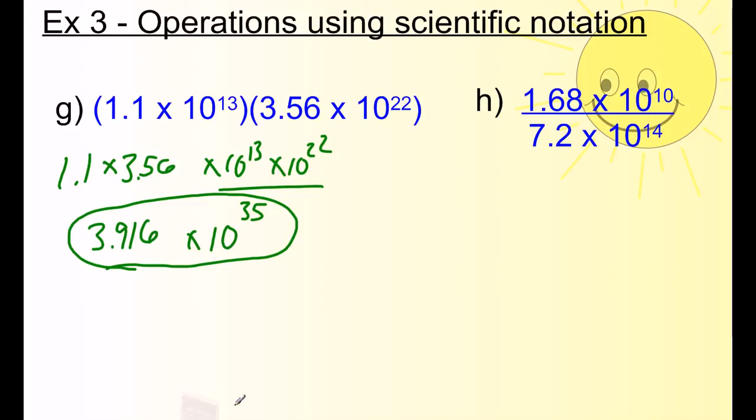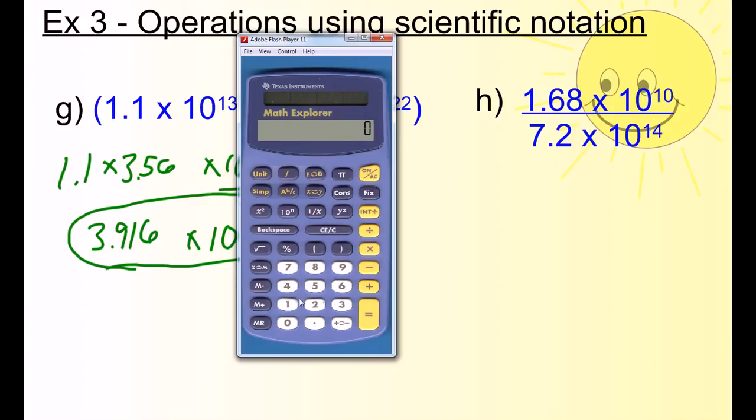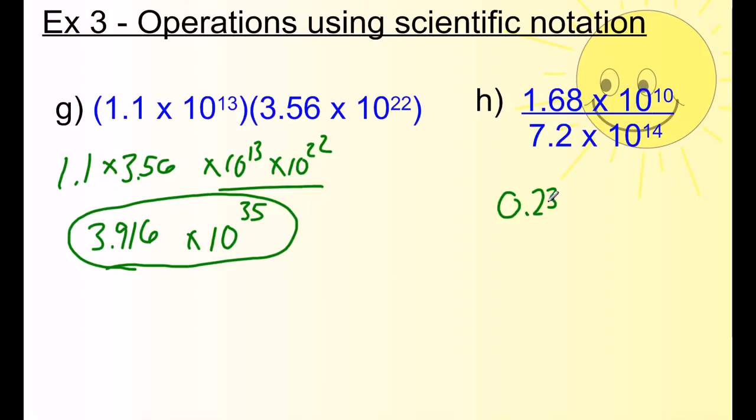Lastly, letter H. I'm taking my 1.68 divided by 7.2 equals 0.23 repeated, times by, let's see, he comes up top, becomes 10 to the negative 14th, cancels here, the bases are the same, so you add the exponent, gives you 10 to the negative 4.